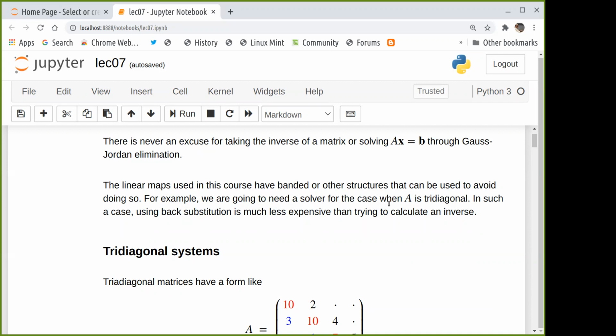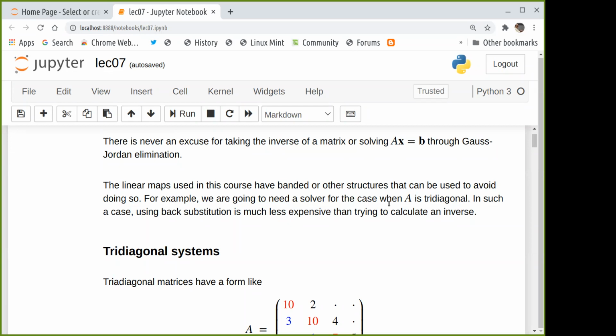The reason is that if A is n by n, then calculating the matrix inverse or doing Gauss-Jordan elimination will take on the order of n cubed operations. And so it gets very expensive very fast as you increase n.